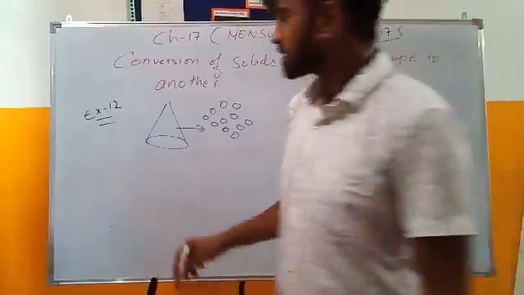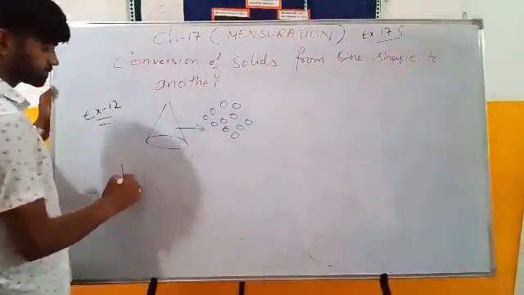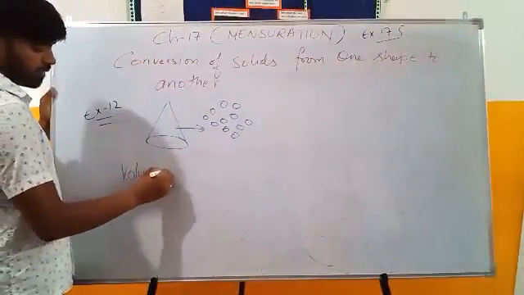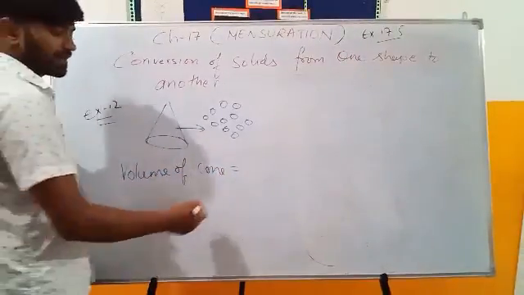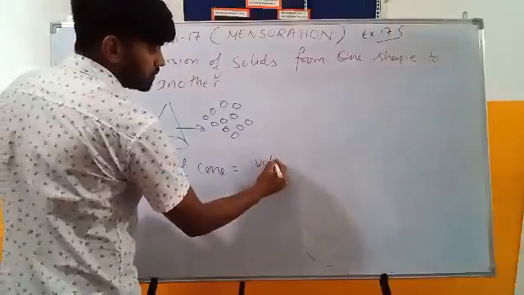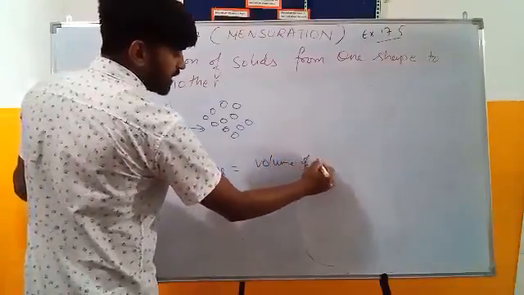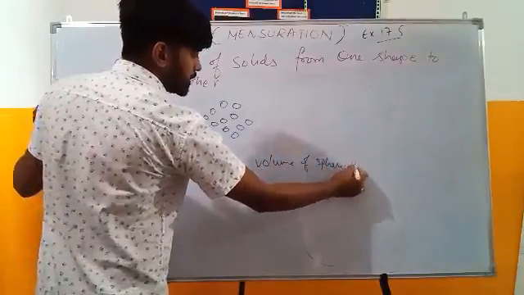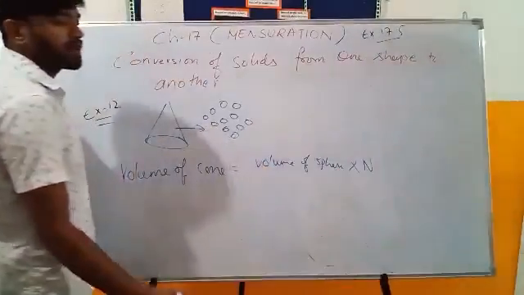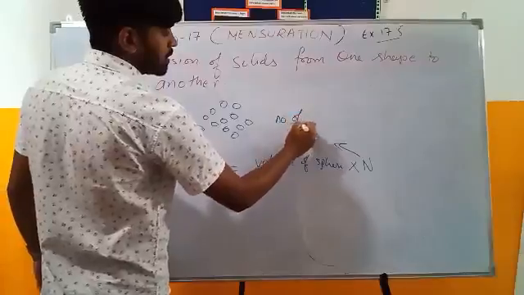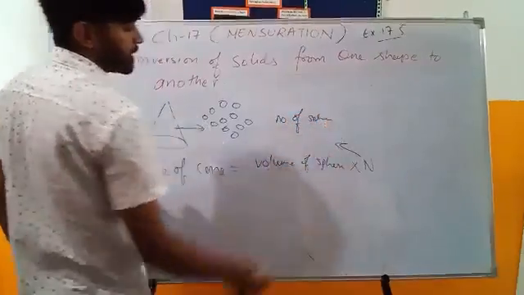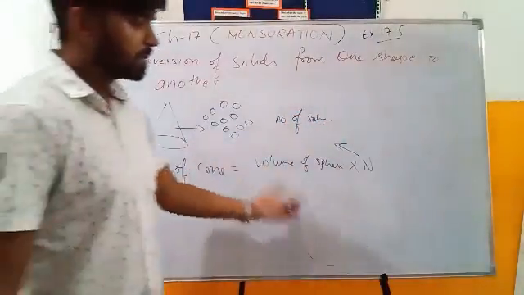Okay, so I'll first find the volume of the cone. Volume of cone, I'll just write a statement so that you can understand, equals volume of sphere into n. What is n? n is the number of spheres. I don't know how many spheres will be made.